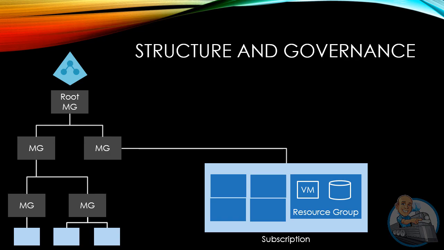Now, we do this for a number of reasons. I can assign policy. I can assign role-based access control. I can assign cost management. And policy becomes really important when we look at things like DevOps, where we're going to leverage build pipelines and release pipelines and just automatically have resources created.